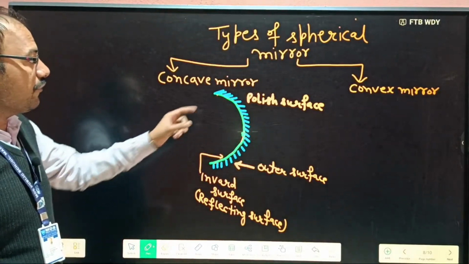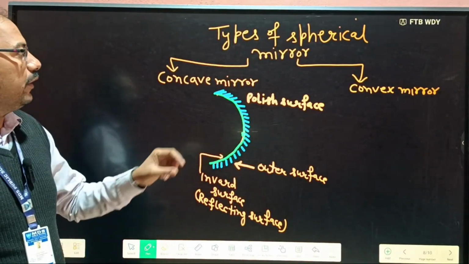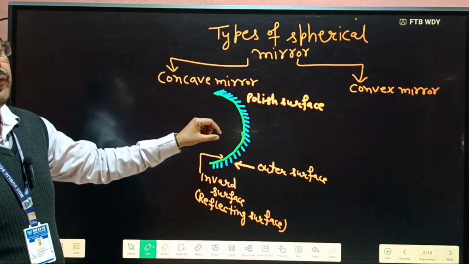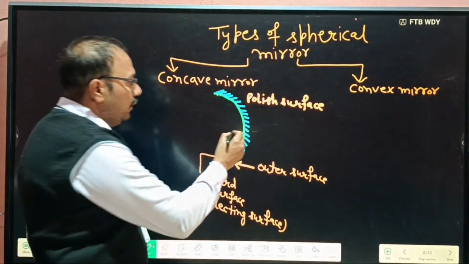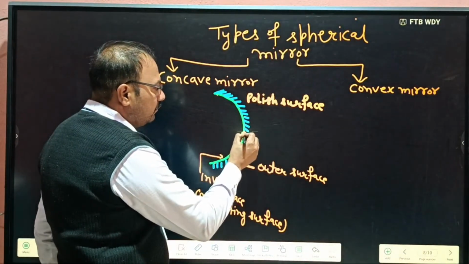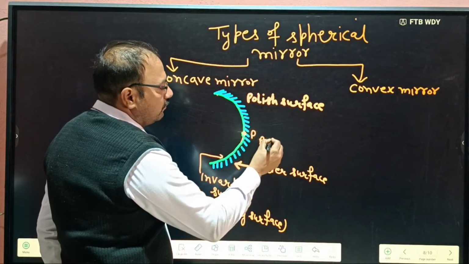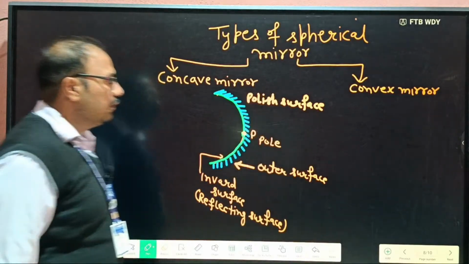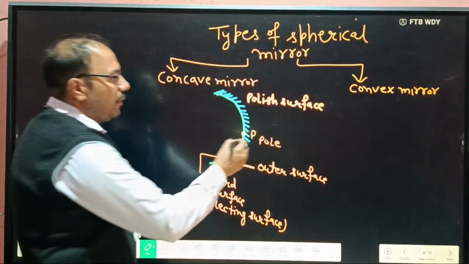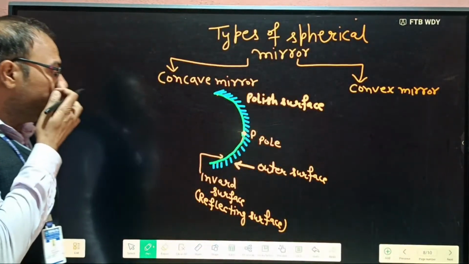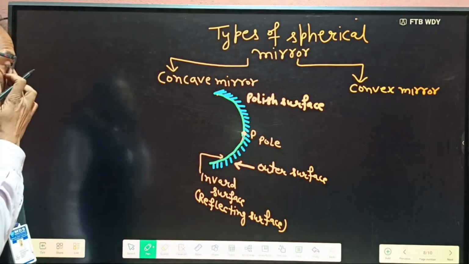The center point of this surface is known as the pole, P. This is the center part of the mirror.